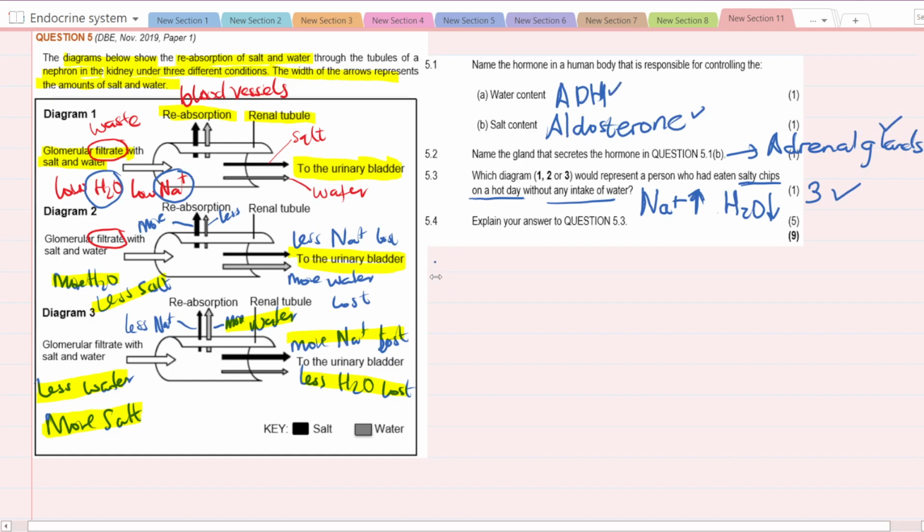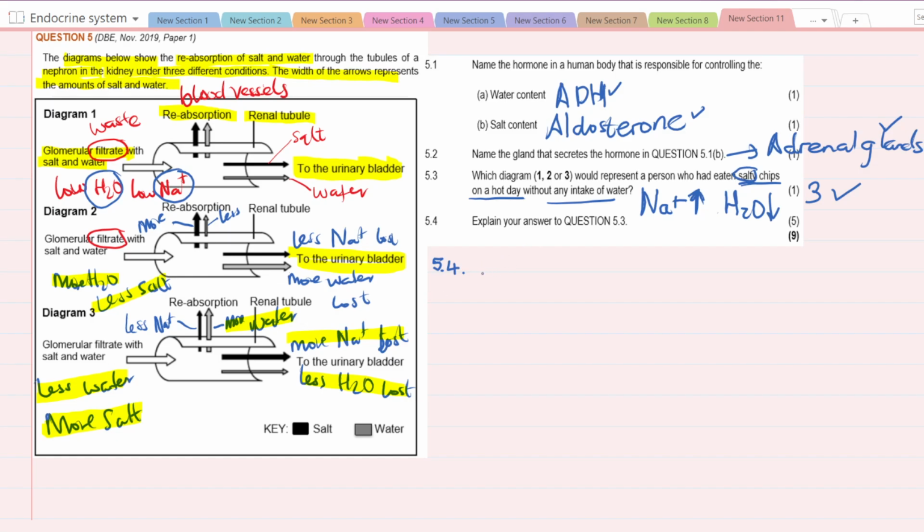Then 5.4, they want us to explain your answer. It's 5 marks. Now I'll start with water, or let's start with the salt.